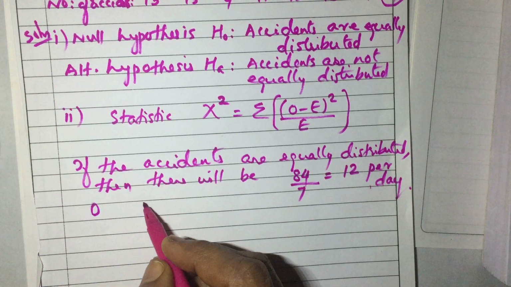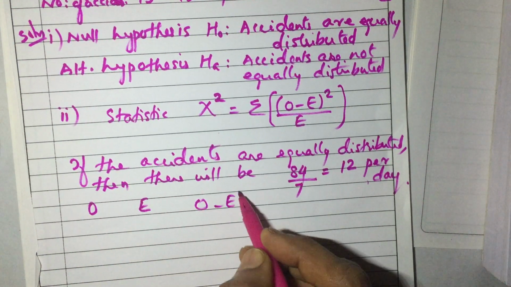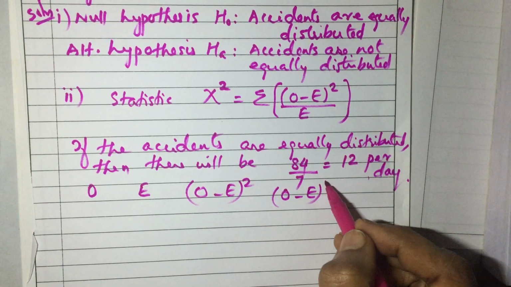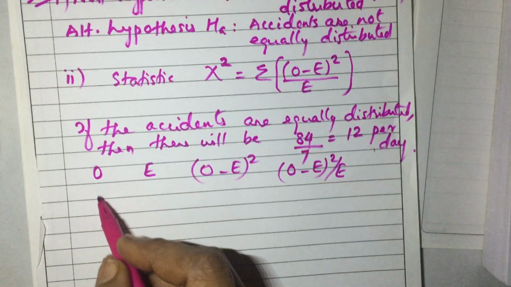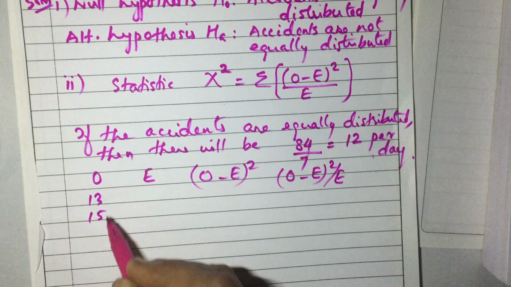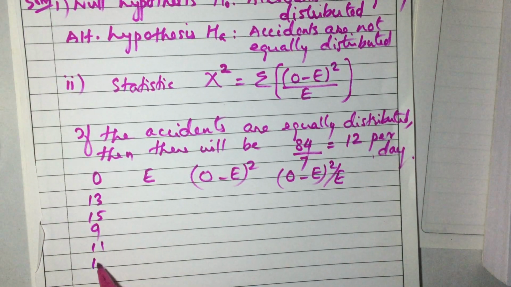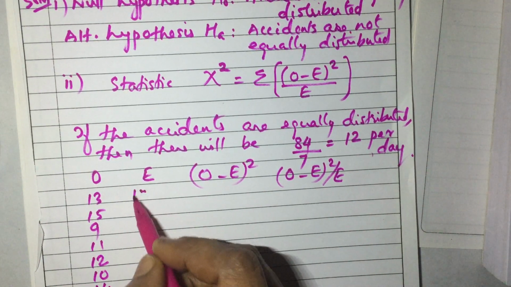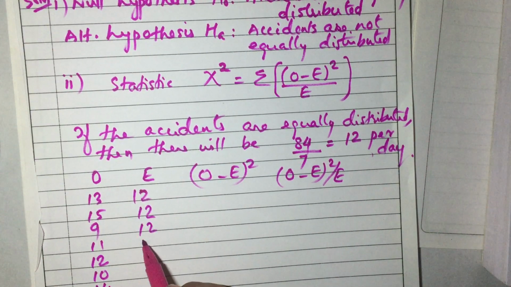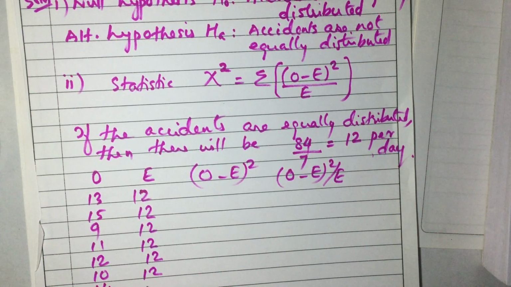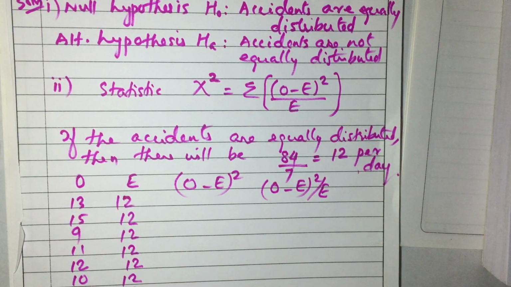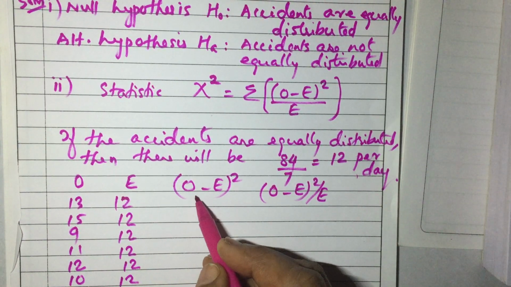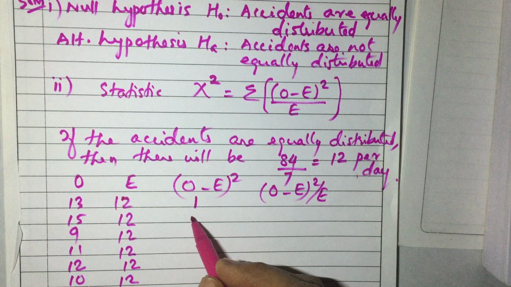Now I will calculate chi-square. O minus E the whole square, then O minus E the whole square divided by E. O means 13, 15, 9, 11, 12, 10, 14. Expected is 12, 12, 12, all 12s. O minus E the whole square: 13 minus 12 is 1, square 1; 15 minus 12 is 3, square 9.